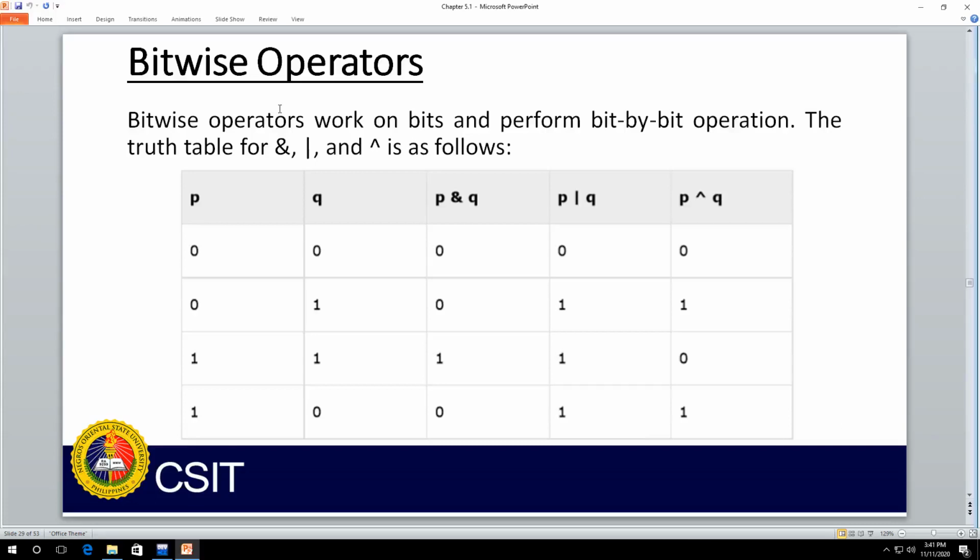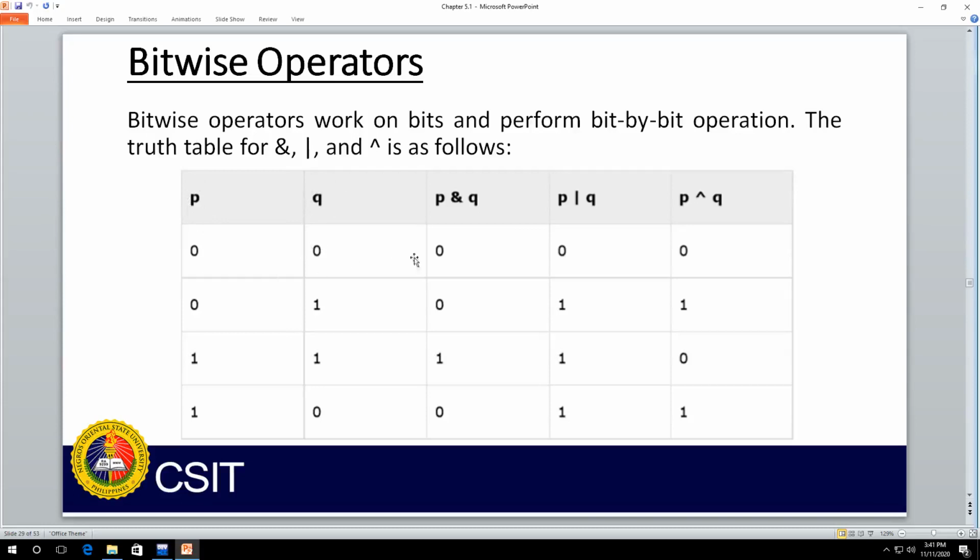And for the bitwise, I will give you another video for the bitwise operators. So just an overview. Bitwise operators work on bits and perform bit by bit operation. So this is the truth table. For example, you have variable p and variable q.